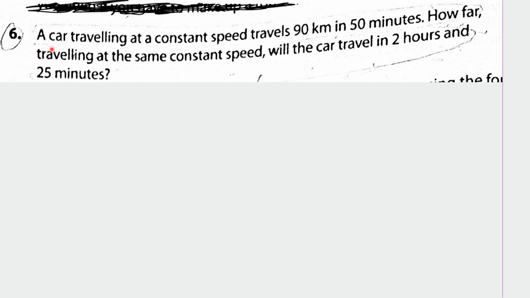So you see on this first sentence, it says that a car traveling at a constant speed. We know the speed is constant, but we are not given the amount of speed. But we are given the distance and the time. So basically we have the distance being equal to 90 kilometers.